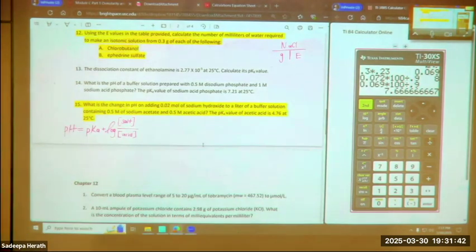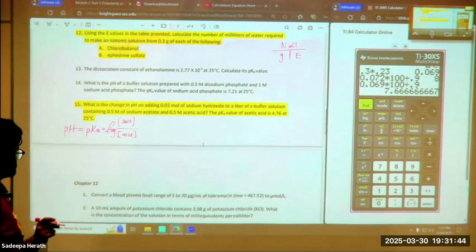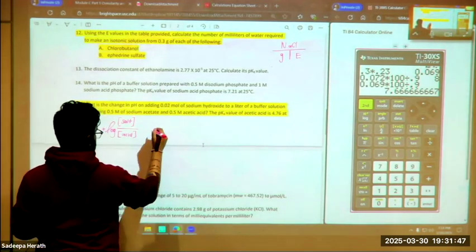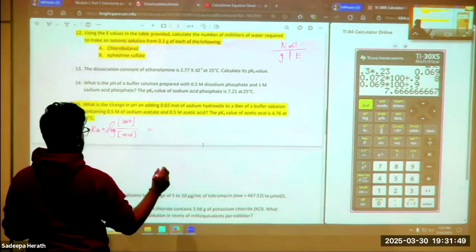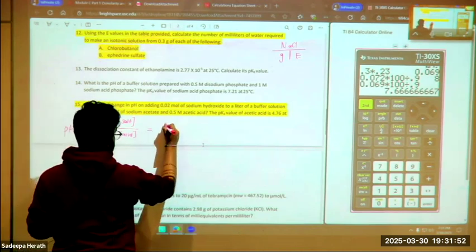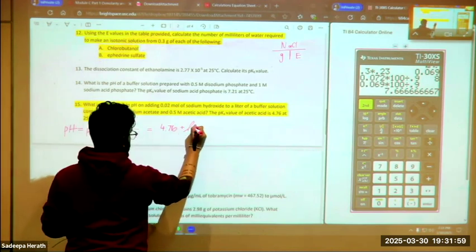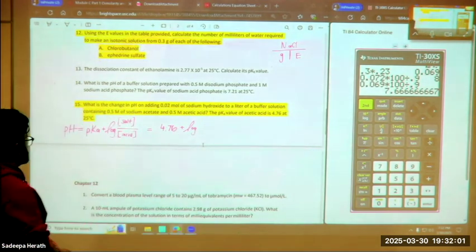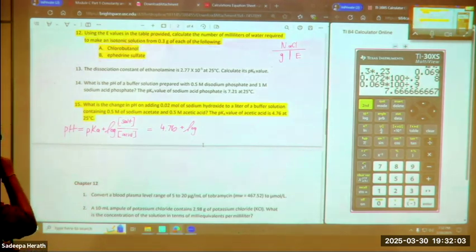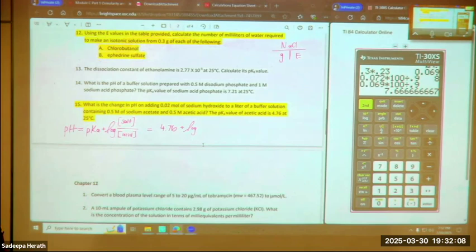So let's go ahead and fill in what we have. We have a pKa of 4.76 plus log of, what are our concentrations? Okay, so 0.5 M of sodium acetate and 0.5 M of acetic acid.